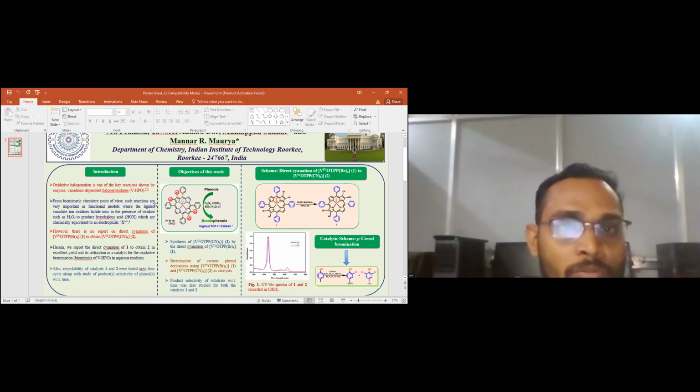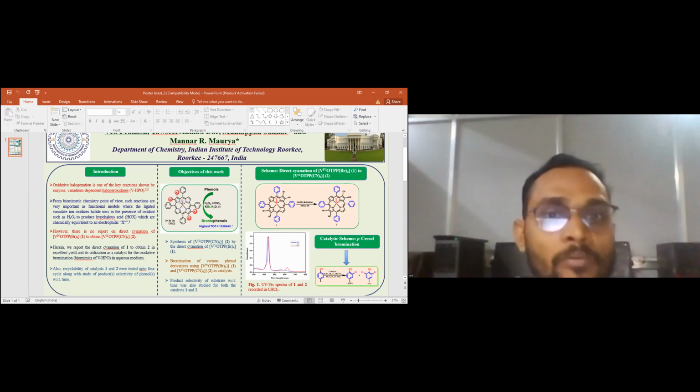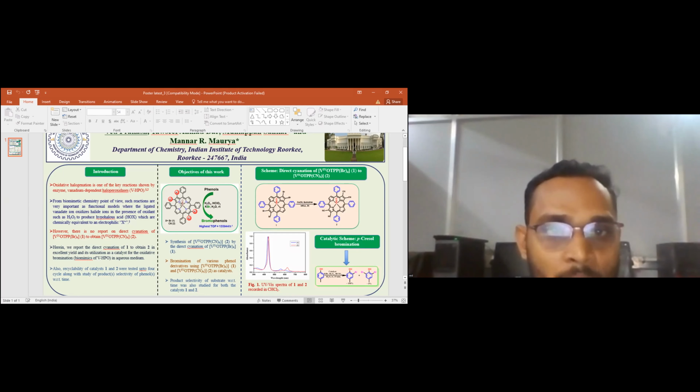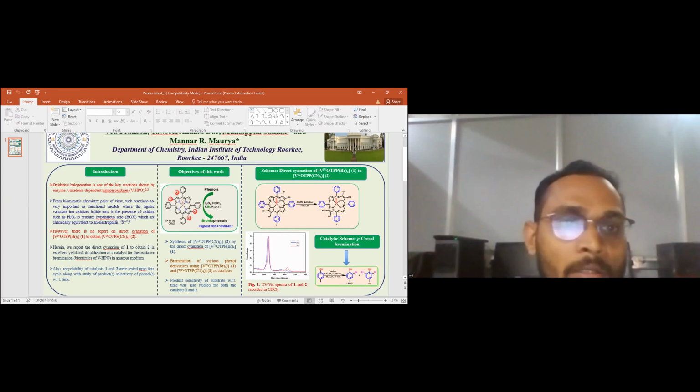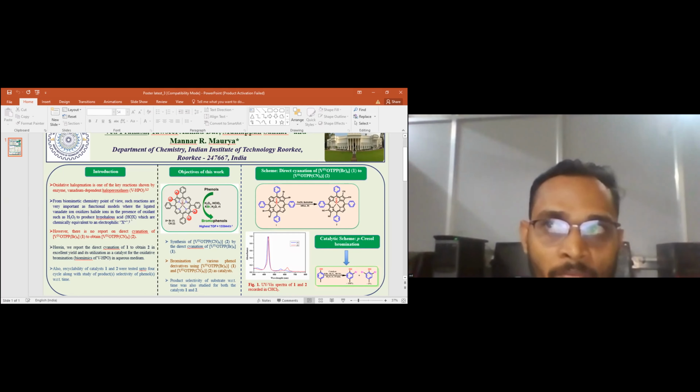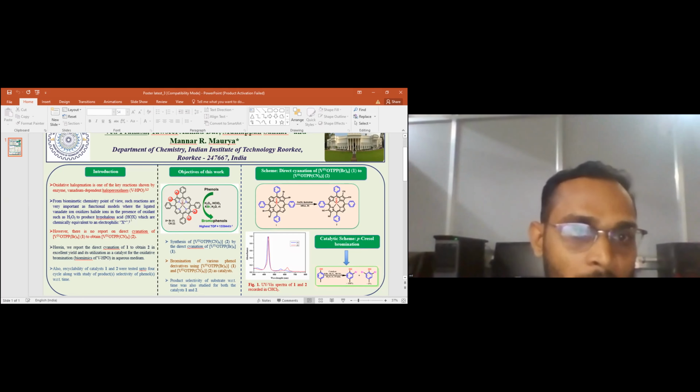So here I chose porphyrin, a tetra nitrogen donating ligand, which binds with oxidovanadium very tightly, and the stability of this type of complex is quite high.